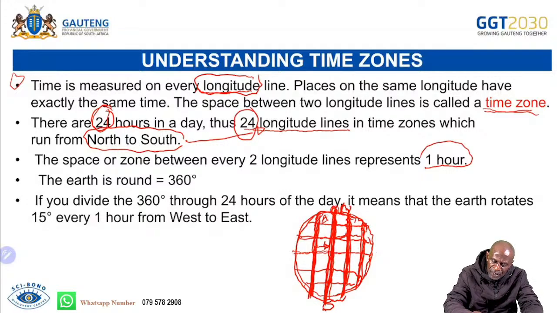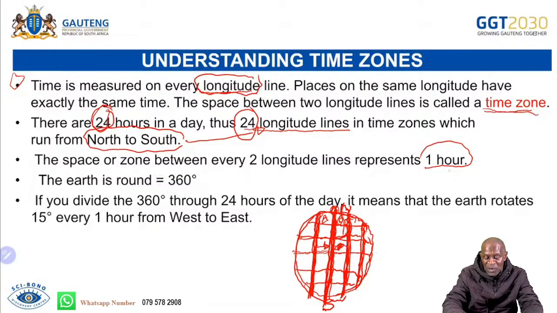The interval between these two lines of longitude is 1 hour. The space between this line of longitude and this is 1 hour. So the third bullet simply tries to explain that.